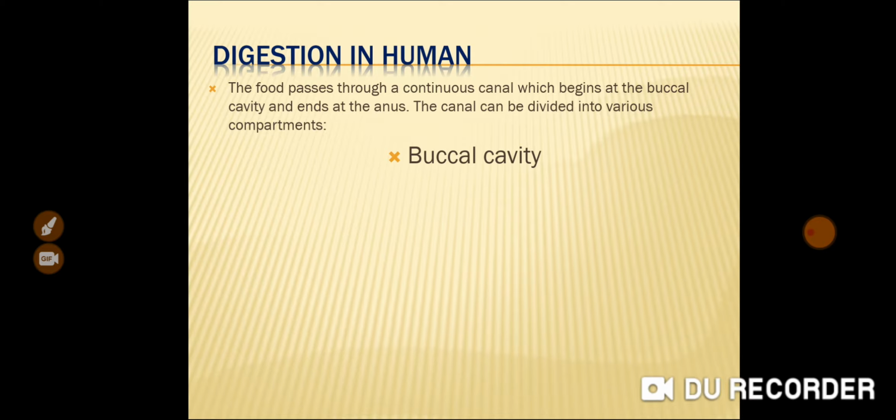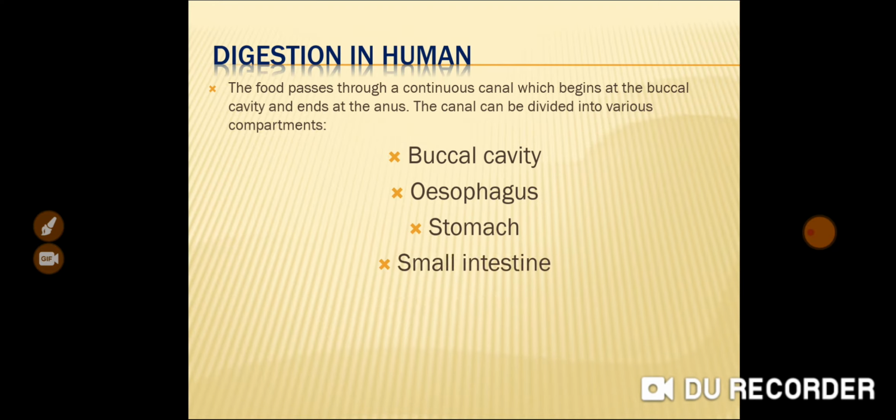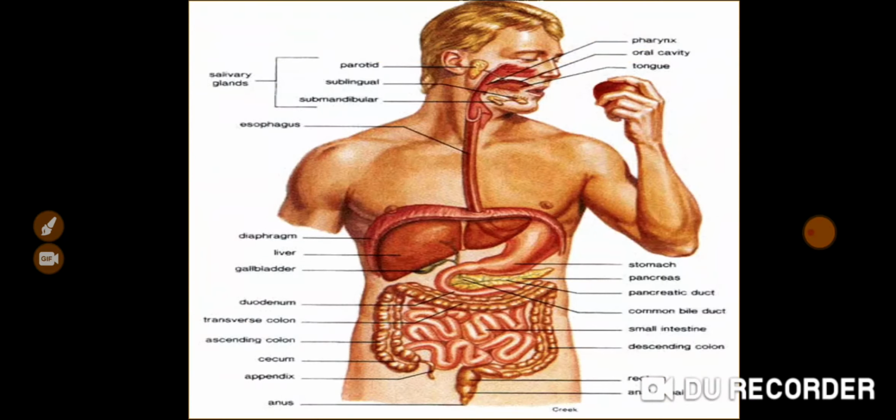The canal can be divided into various components like buccal cavity, esophagus, stomach, small intestine, large intestine, rectum, and anus. This is a diagram of the human digestive system, showing its various parts.